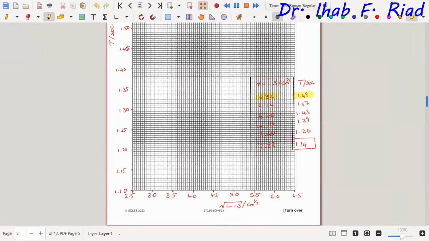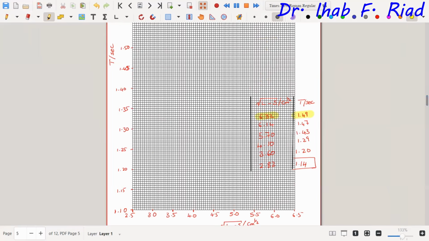So let us decide where it is going to be. 6.32 and 1.49, it is going to be somewhere here, right? It is going to be around here, right?